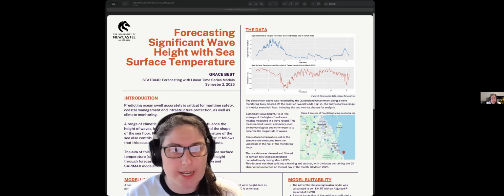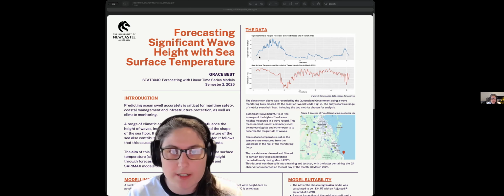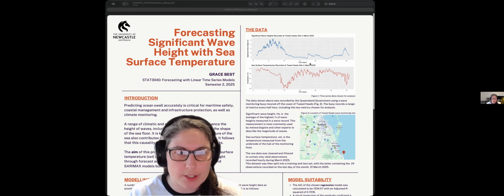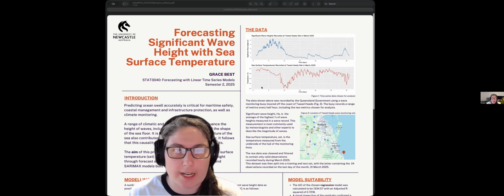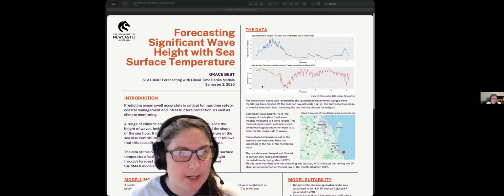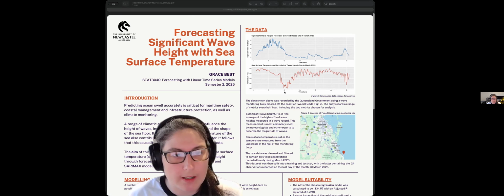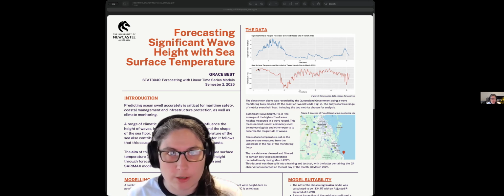So I chose that as my observed data that I was attempting to forecast, and I also used the data of the surface temperature of the ocean recorded by the buoy, as a potential predictor for my forecasting.